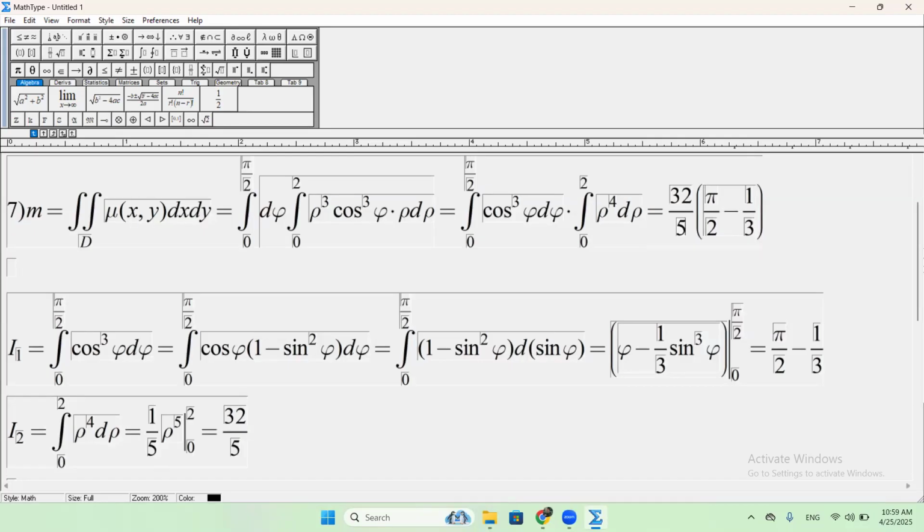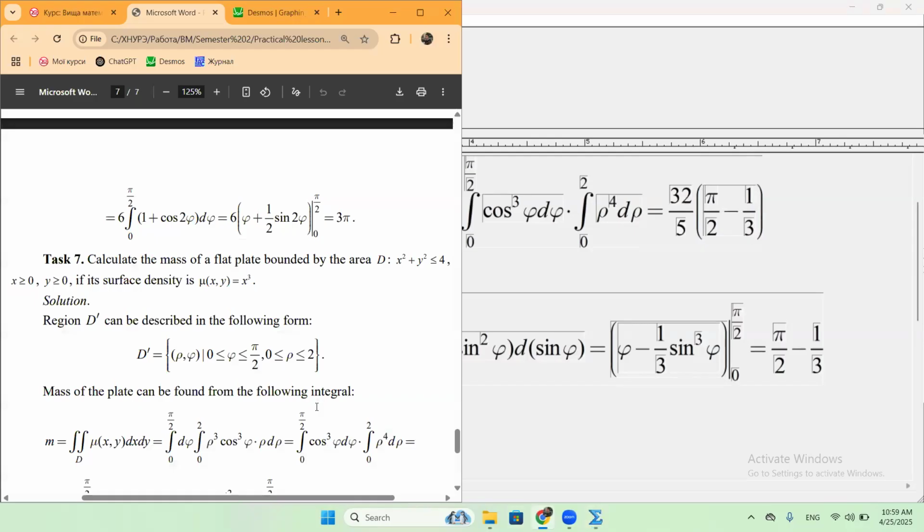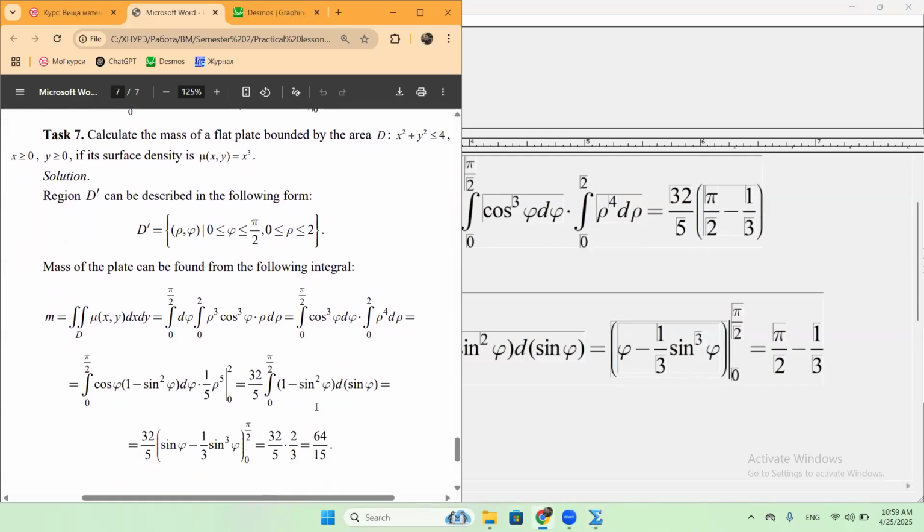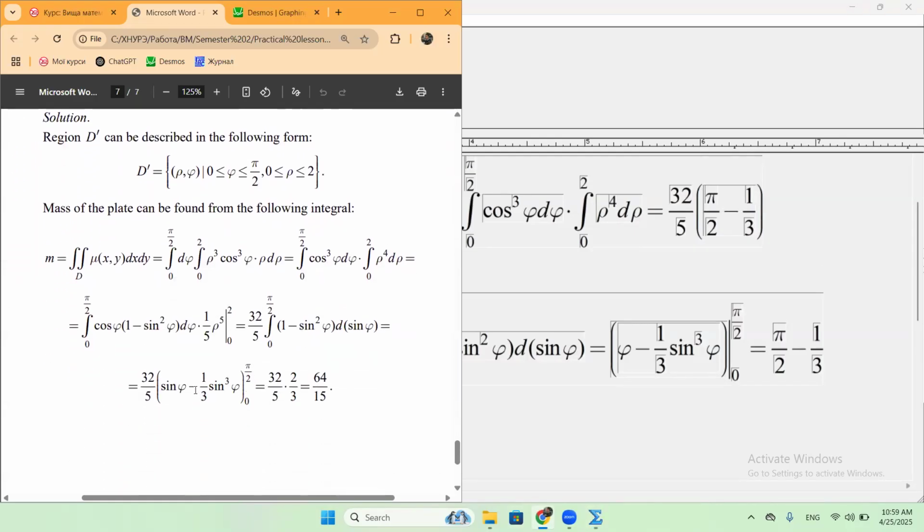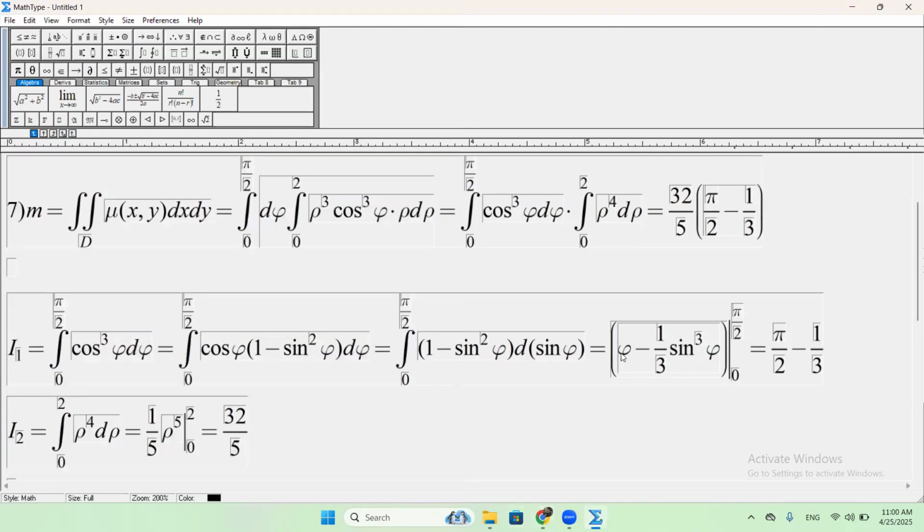Stop. Sine of phi, that was a mistake. So 1 minus 1 over 3, so it will be 2 over 3.